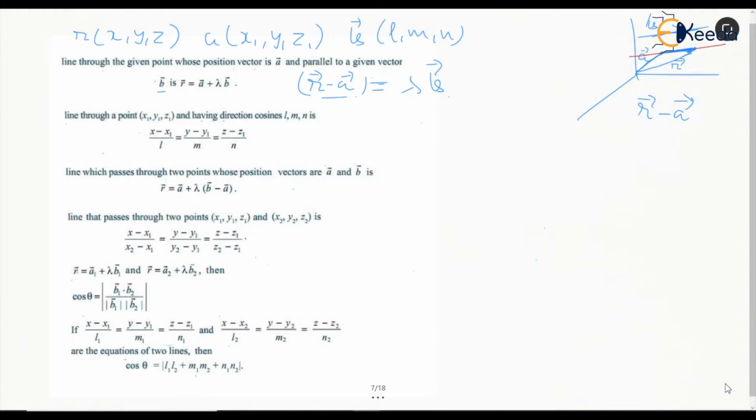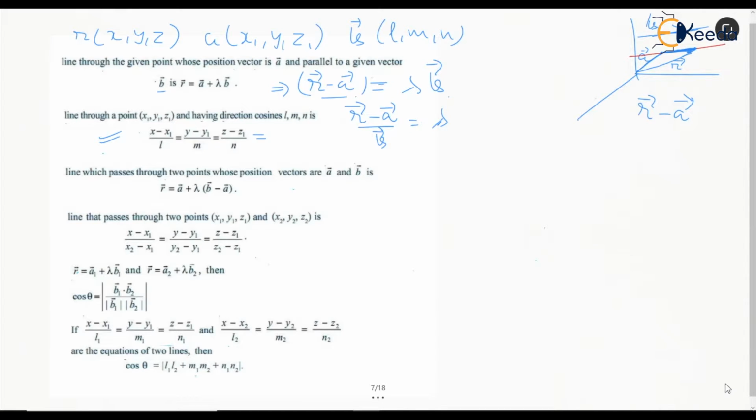So this equation we are trying to form can also be given as R minus A by B equal to lambda. So this is a constant, and of course the I, J, K components are going to be independent of each other. So this is nothing but splitting this equation into I, J, K components separately.